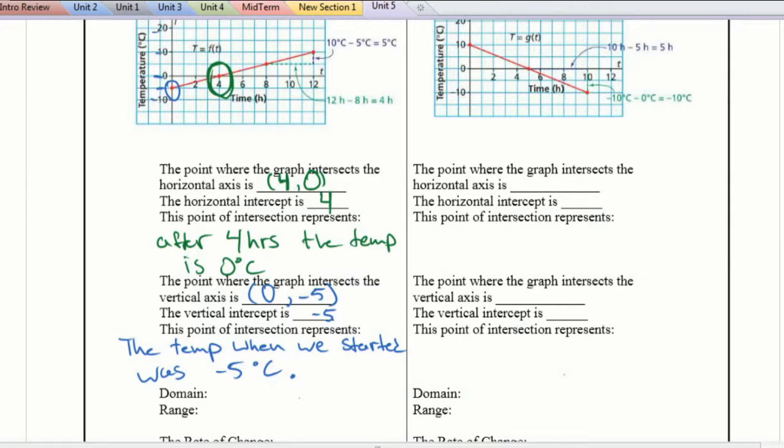So my domain is going to be my x values, between 0 and 12. And then I need to think, okay, my x's are going to be all bigger than 0 and all smaller than 12. So I have closed dots at either end. So my x values are going to be greater than or equal to 0 and less than or equal to 12.